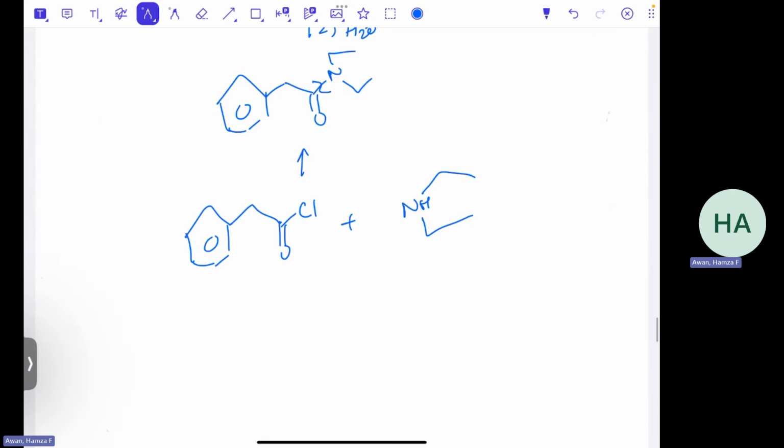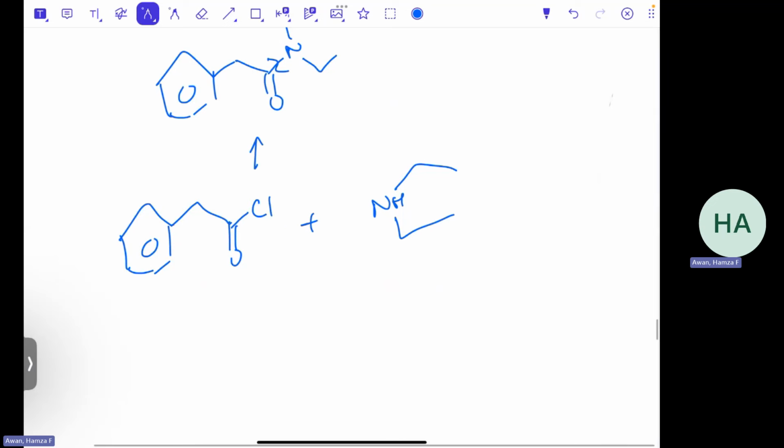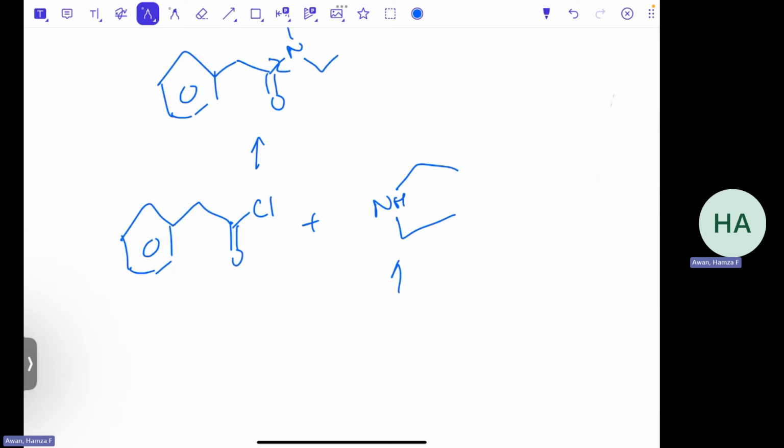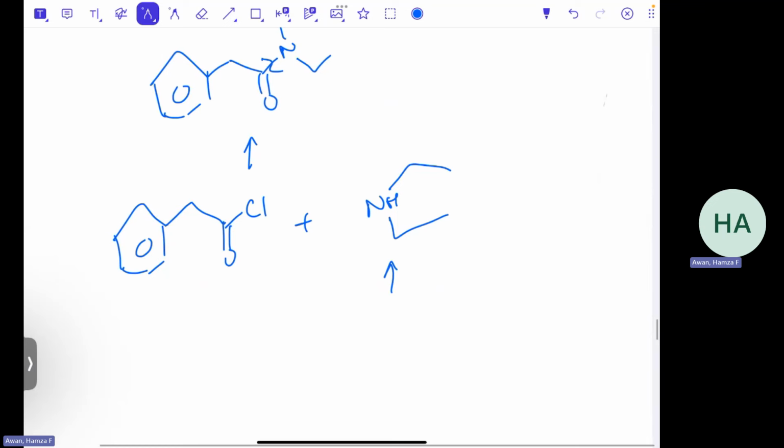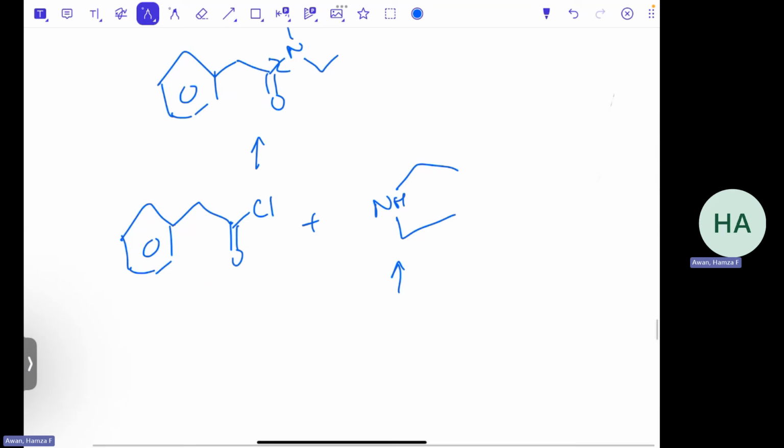So I'm going to start with the amine first. So we can keep going down this way. Just LiAlH4, H2O, same thing. I think you have to write it in two steps, not how I just wrote it.